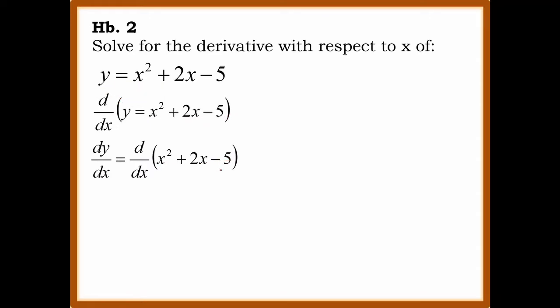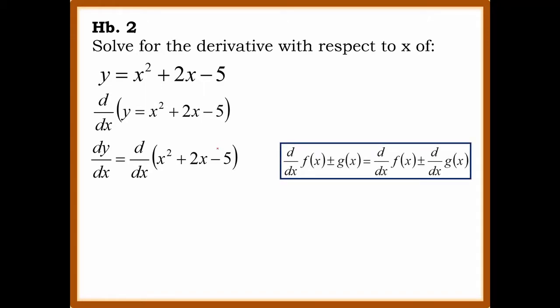Next, kung titignan natin to, we have 3 terms. And then, they are separated by operations na addition and subtraction. Dito na natin pwedeng gamitin yung isa sa ating rule which is the sum and difference rule of differentiation.